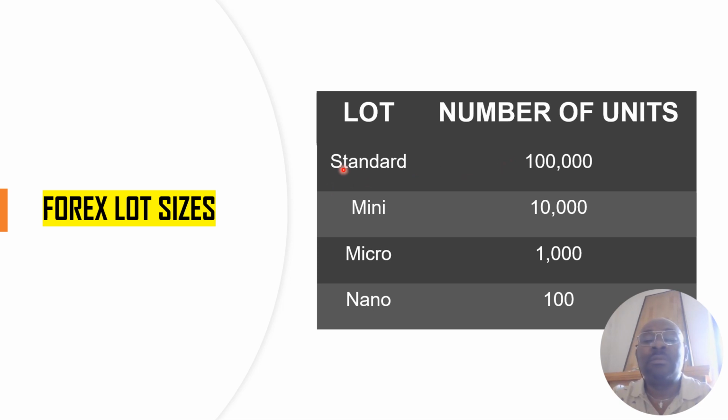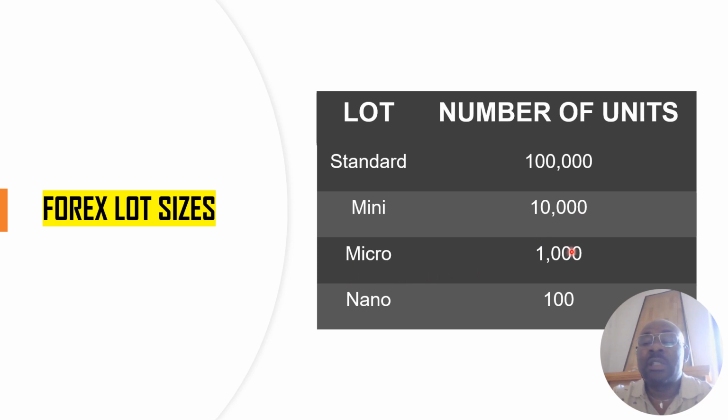Now, people who have money can trade this 100,000. When I say 100,000, you might be wondering, hey, $100,000, 100,000 euro, where will somebody get that? Or the mini size, where will somebody get $10,000?